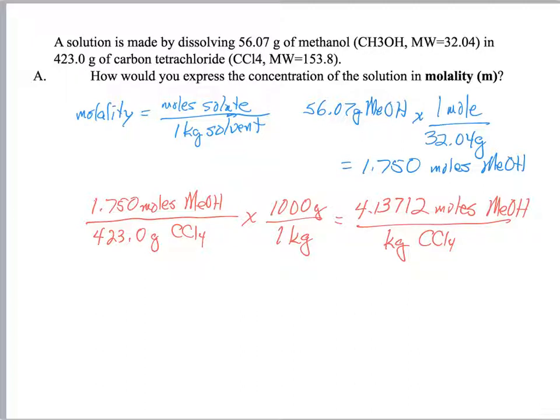Now our numbers were given again to 4 significant figures, so converting that to 4 significant figures would be 4.137 molal, right? Molality is lowercase m. So that's how we would calculate the concentration of that solution in molality.